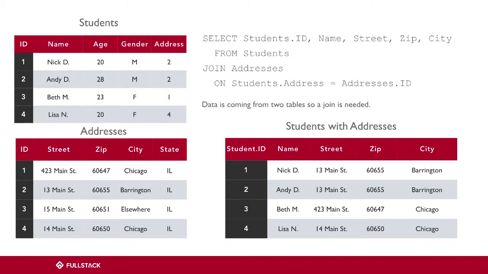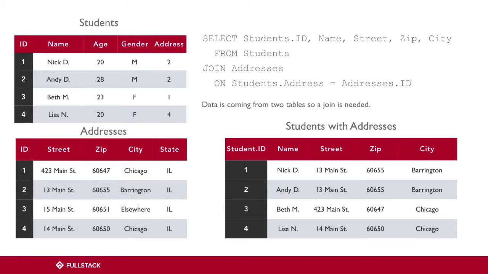If we look at what that query looks like, you could see that we're going to get the student's ID. Since we're going to be getting data from two different tables, and since there's an ID in both tables, we have to be specific as to which table we're getting the ID from. So here, we're getting the ID from the student's table. We're going to get the name, the street, the zip, the city.